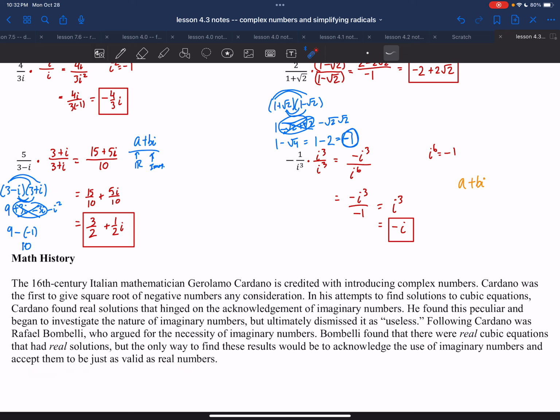So I guess kind of what I said about Cardano, but Bombelli actually believed it. Cardano was like, nah, you kind of have to pretend it exists, but he didn't like it. Whereas Bombelli said, no, I like this. You can find real solutions to real cubic equations if you accept imaginary numbers as valid and true.